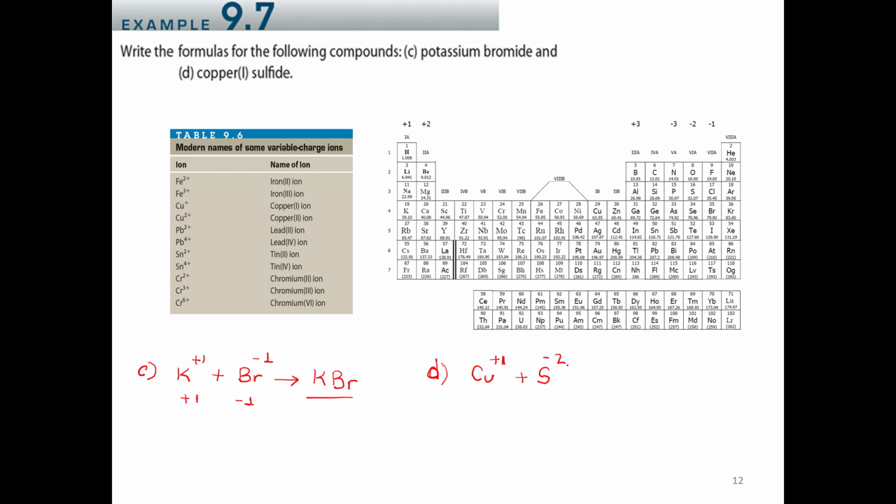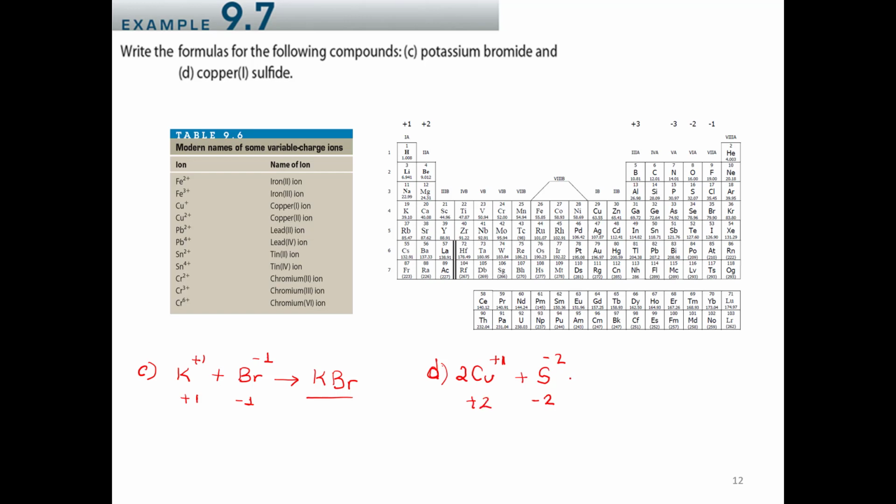And now let's see the charge. In the case of sulfur, we have -2, but we need a neutral compound. In order to get a neutral compound, we need to add 2 here. It's the only way we can get +2.